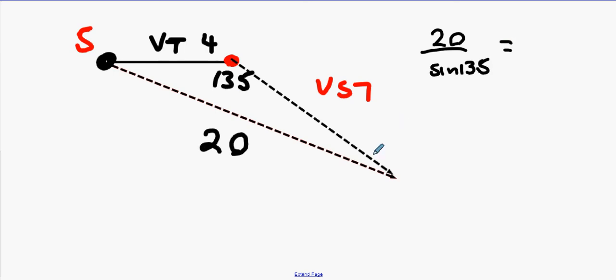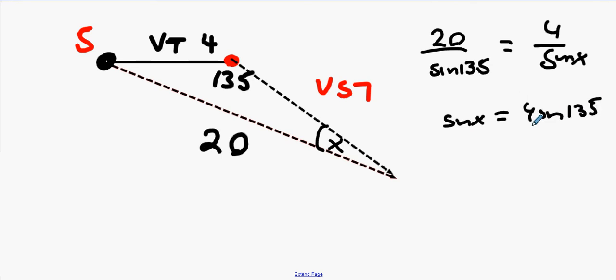I suppose we can get this angle here, can't we? Call this angle x. So what can I do then? 4 over sine x. Cross multiply up to sine x, and I guess sine x equals 4 sine 135 over 20. Is that right, you guys? Then what happens next? Put it in the calculator and sine inverse it.